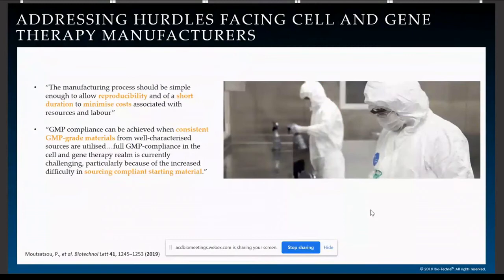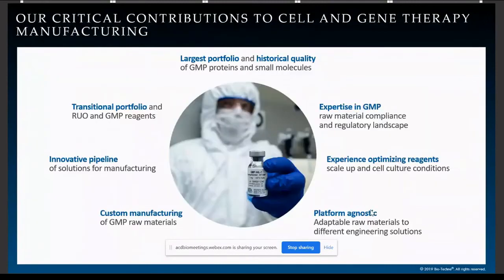So having GMP grade materials where you understand the raw material sources and that they're compliant and can be used in your final product. So we really took these hurdles to heart and are working to address these difficulties within this space.